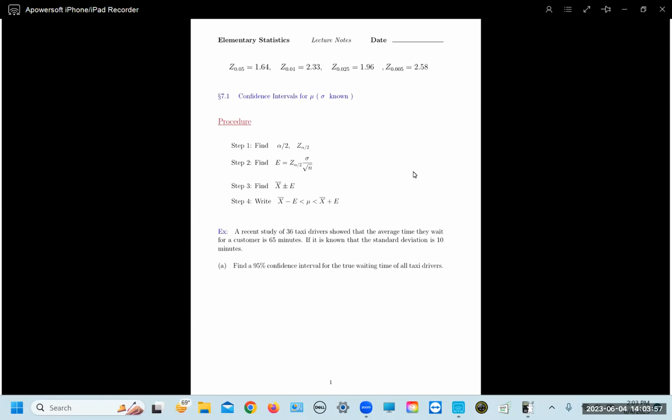As we know, this one, we can say the critical value.